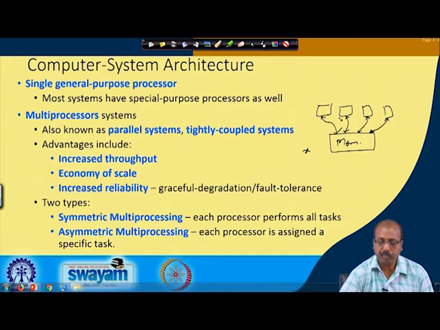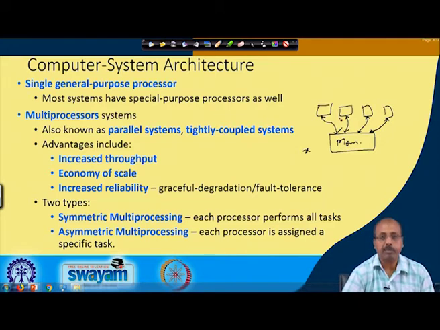That gives me flexibility. But in asymmetric multiprocessing, each processor may be of a different type. Maybe in my system there are, say, 4 CPUs and 4 DSP processors. For signal processing jobs I would like to put them on the DSP processors, and for general computation I would like to put them on the CPUs.